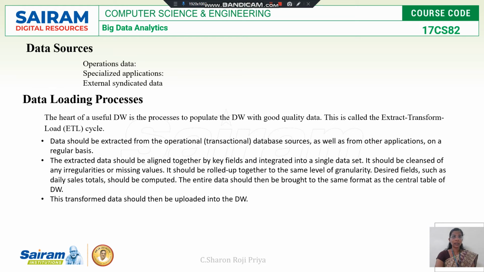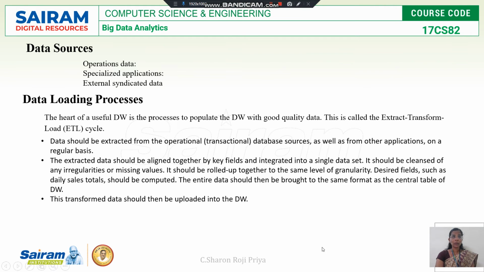As I told, daily sales total is a field that has to be calculated daily. Likewise, if there is any field that has to be calculated, you have to calculate it. And at last, you can load it into your data warehouse.